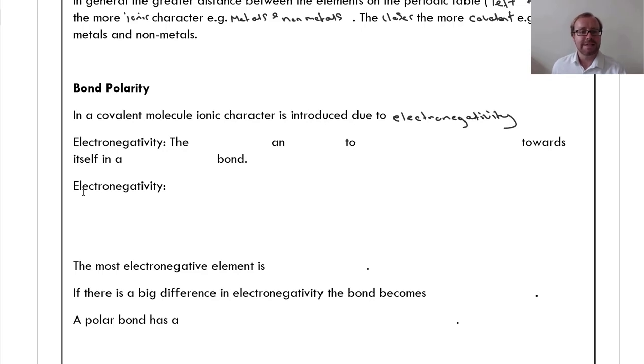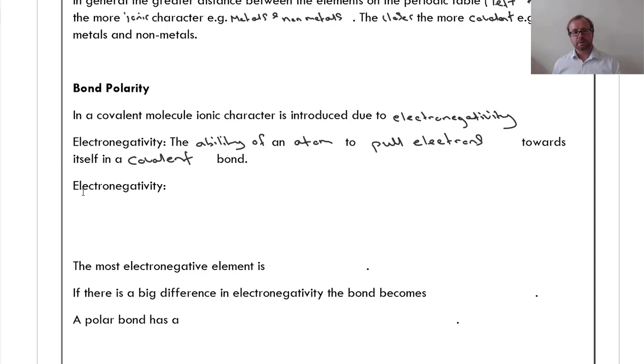Electronegativity is the ability of an atom to pull electrons towards itself in a covalent bond. And I'll do a quick example here. No, actually, we'll leave it for now. We'll come back to it.